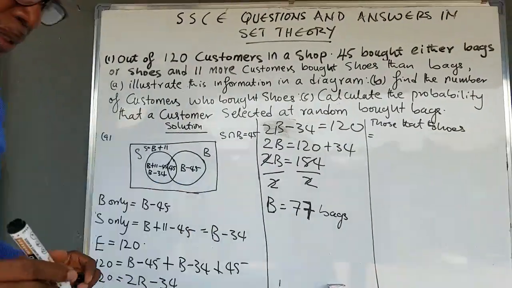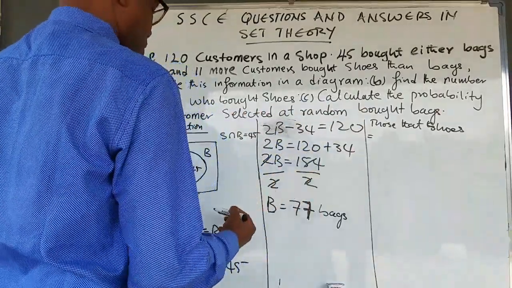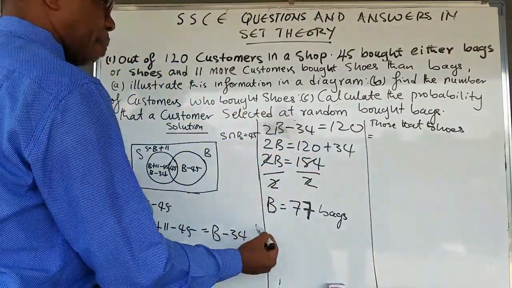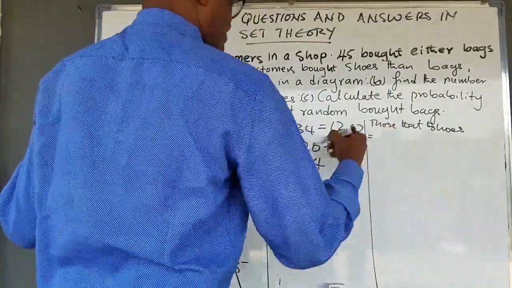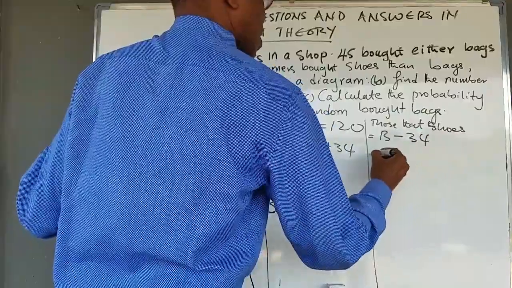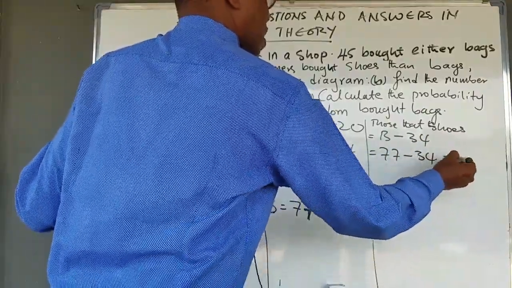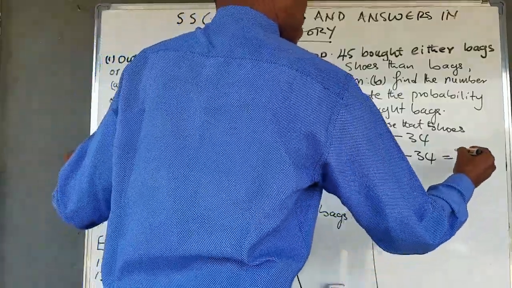Since B is 77, that means 77 minus 34, and that is going to be 33.